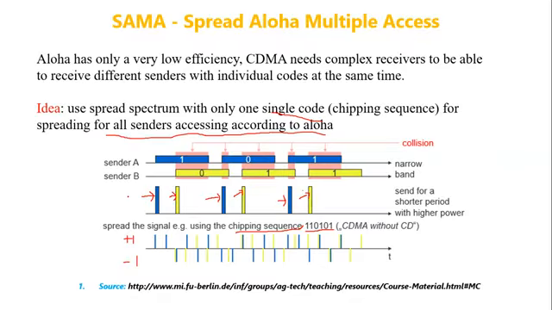Here initially the sender wants to send 1. So multiply this 1 with the chipping sequence. What is the chipping sequence? The chipping sequence is 110101.